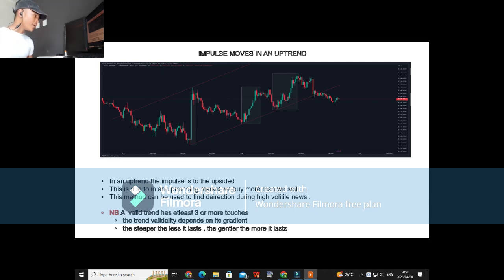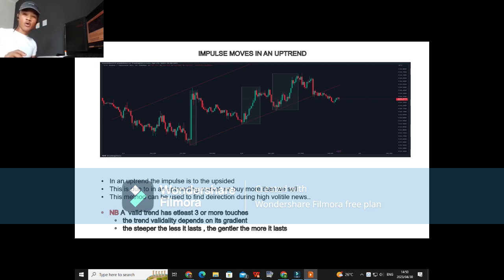This is due to, in an uptrend market, we buy more than we sell, right? This method can be used to find direction during high volatility news. So did you hear that, guys? In an uptrend the impulse move is to the upside, because in an uptrend we buy more than we sell.